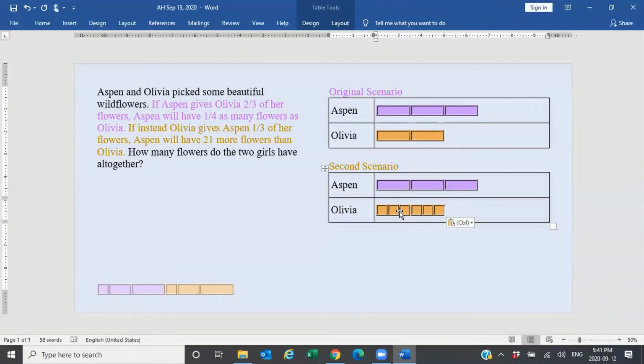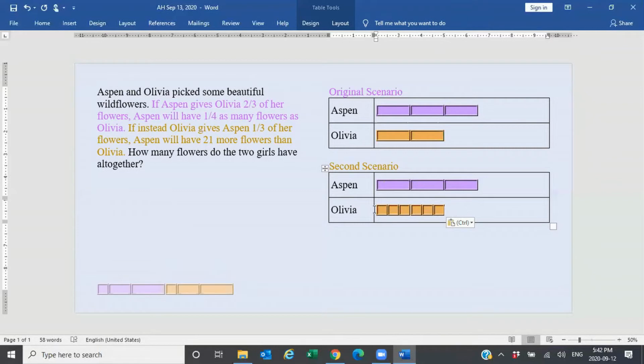You can see that each unit rectangle, the purple and the orange, not together but just individually, are one unit rectangle. Now if we cut that unit rectangle into 3 pieces, we get 3 squares for each unit rectangle. Olivia had 2, so we cut each of them into 3 pieces, and now we have 6 pieces. Now we could give Aspen the 2/3. Nope, 1/3. Not 2/3, 1/3 that we need to give to her.